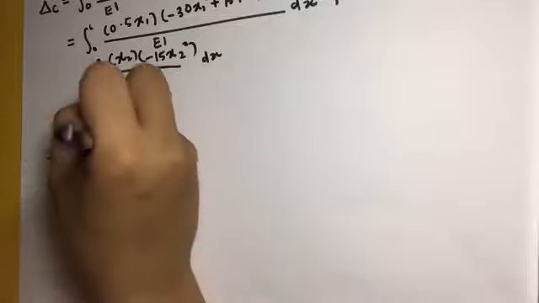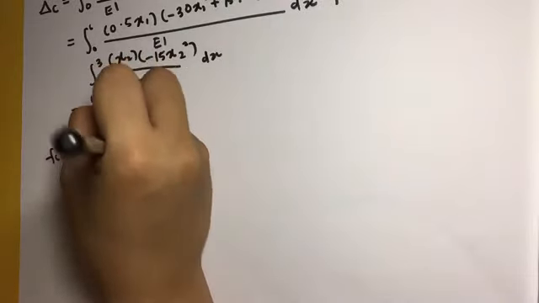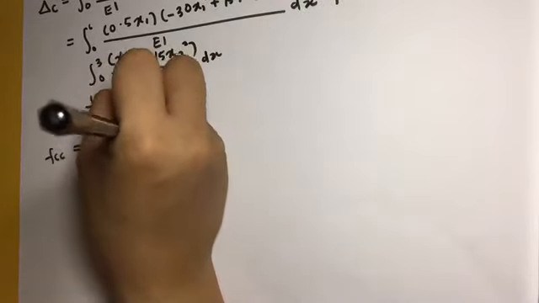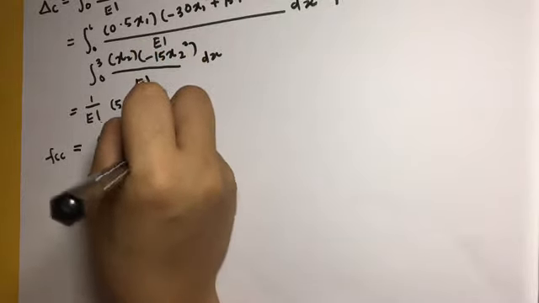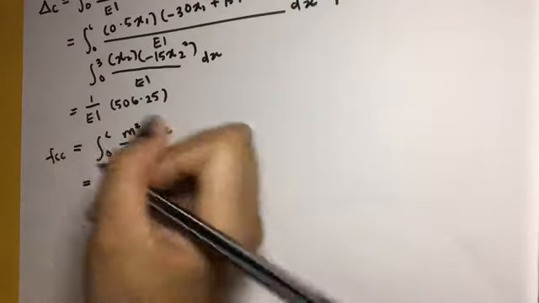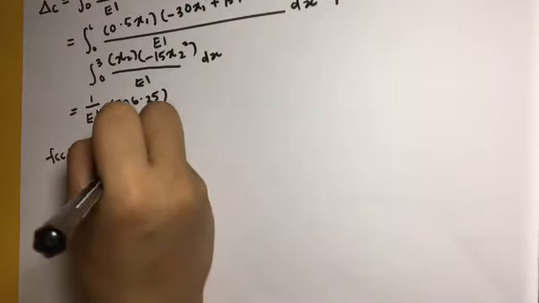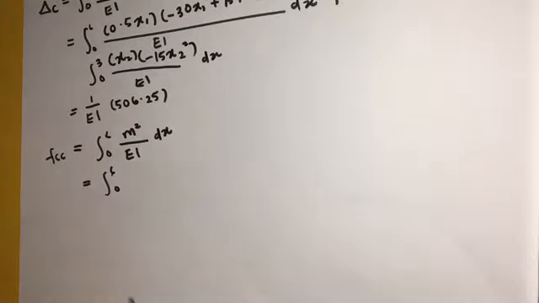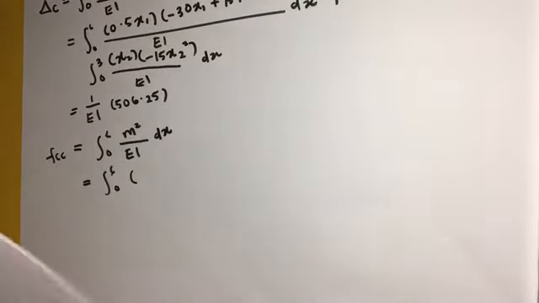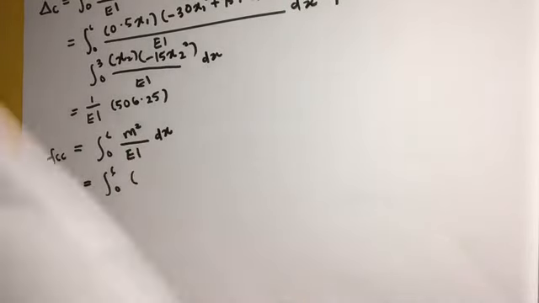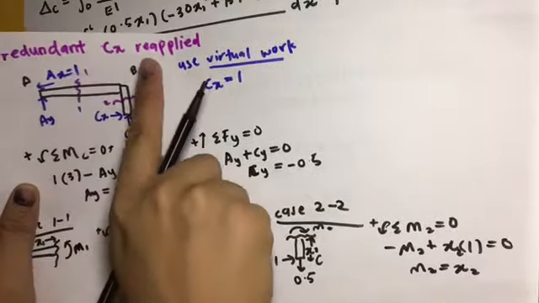Then we are gonna find the unit load, FCC. So the formula for unit load is small m squared over EI dx. Okay, so we're gonna again do for both. So for the AB, we got 6 meters long, and this is the moment for the redundant CX applied, the small m.